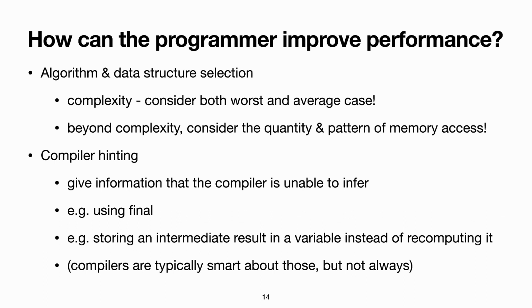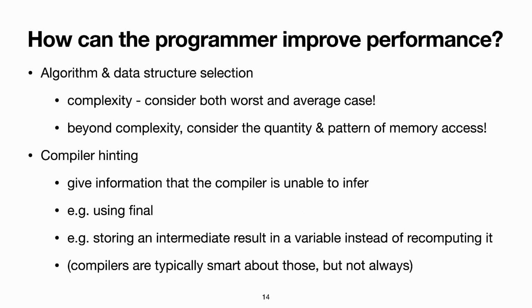The second thing you can do is try to help the compiler in any way you can. So that's giving the compiler information that it would be unable to infer. To give you two maybe not that good examples, but to give you the idea, using final in Java, for a variable, it means that the variable cannot be reassigned, and for methods, it means that the method cannot be overridden.